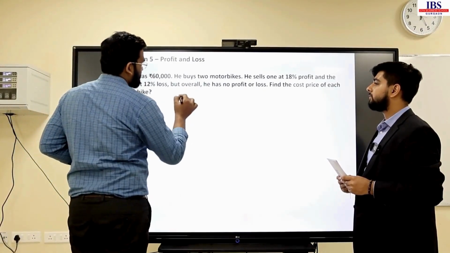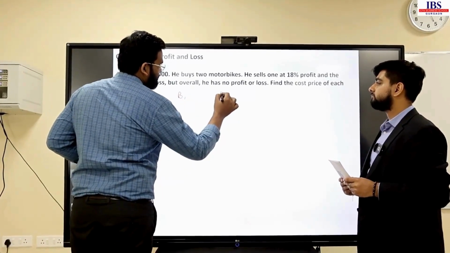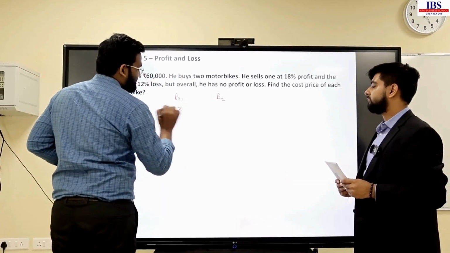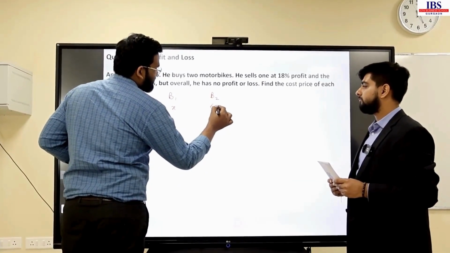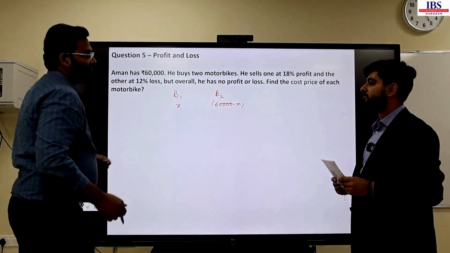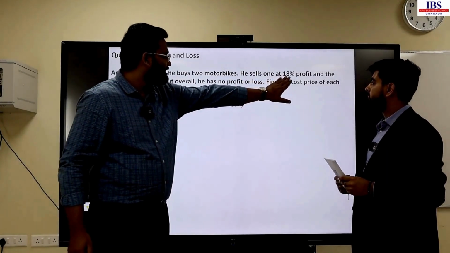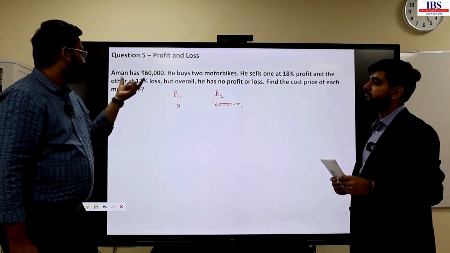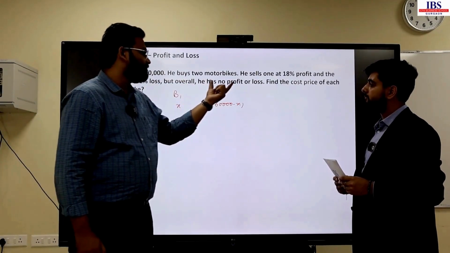Let's say the 2 bikes are B1 and B2. The cost of B1 will be X, then the cost of B2 will be 60,000 minus X. Now the question says he sells one at 18% profit and the other at 12% loss, with no profit, no loss.